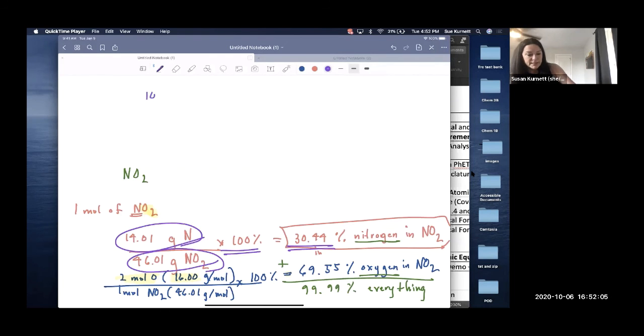So 100% is nitrogen plus oxygen. And if 30.44% is nitrogen, and I subtract them, the difference is oxygen.